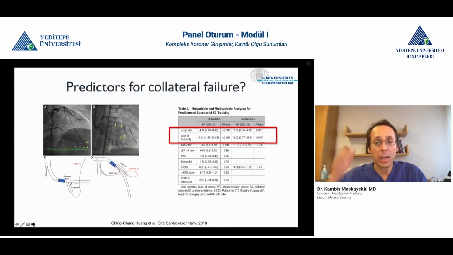Nowadays, in 2018, we have at least 3 publications focusing on channel crossing. One of the publications, which simplified everything, was from Xingruan Huang, and the chair of the publication was Paul Xingling Cao, so Paul Cao from Taiwan. What he analyzed was that there are 2 predictors for collateral failure, the large vessel size and the lack of tortuosity, and both were predictive in univariate and multivariate analysis.